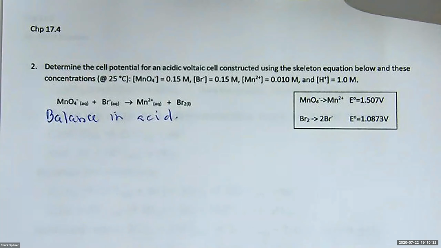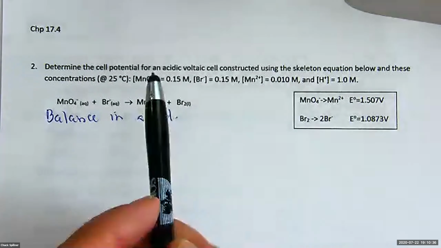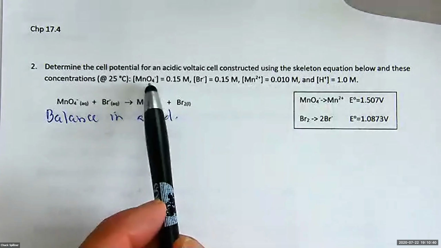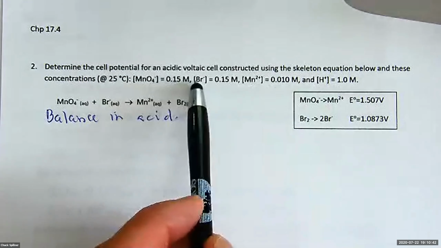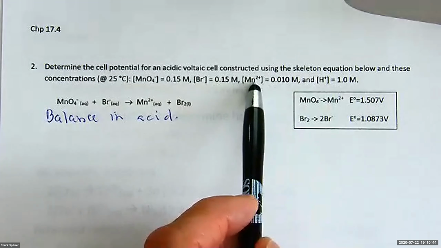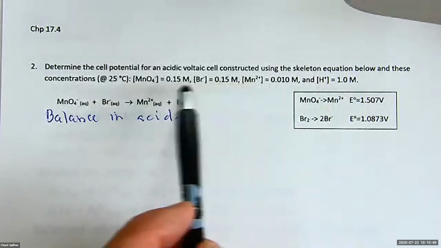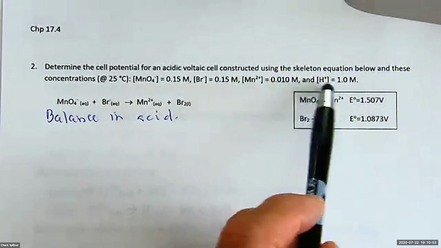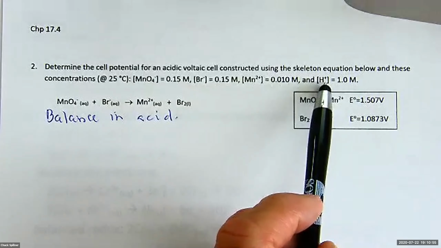And then you'll be able to set up your Q, and these are the concentrations that you'll use in your Q. So you're going to have a Q with permanganate, bromide, manganese 2 plus, and hydrogen ion.